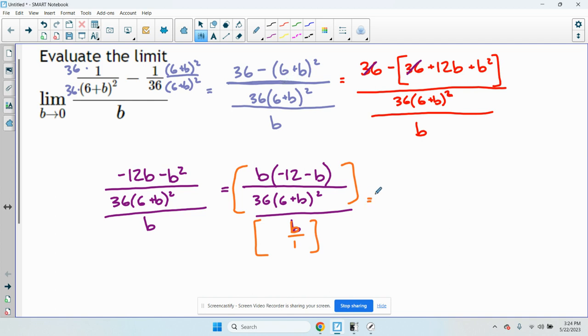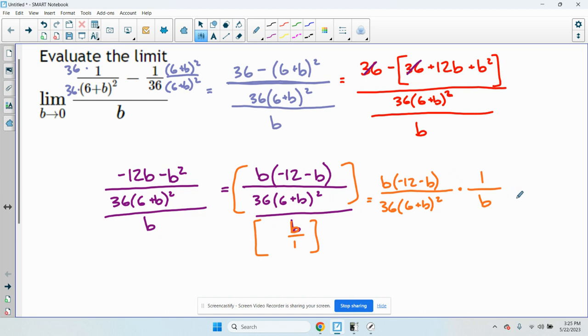When I divide by a fraction, that's the same thing as multiplying by its reciprocal. So I can take this top fraction, which is b times negative 12 minus b over 36 times 6 plus b squared, times the reciprocal of this, 1 over b. This doesn't really change anything.